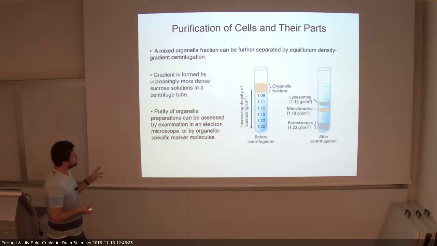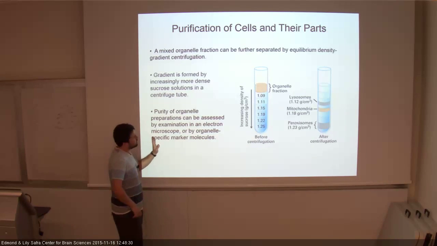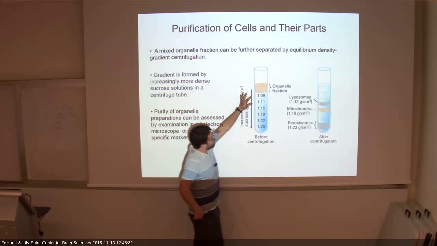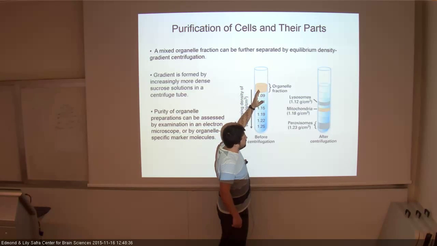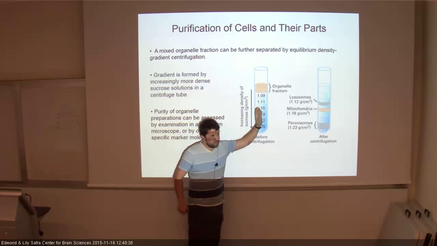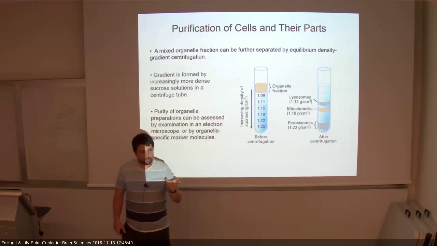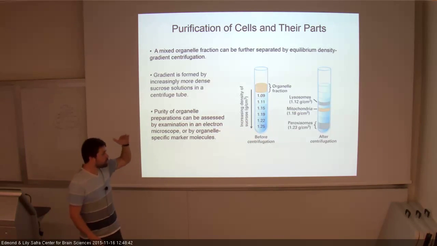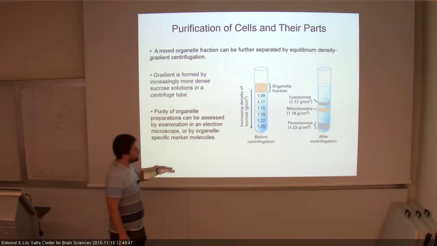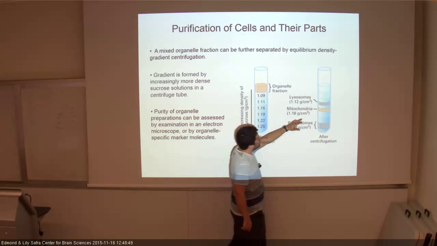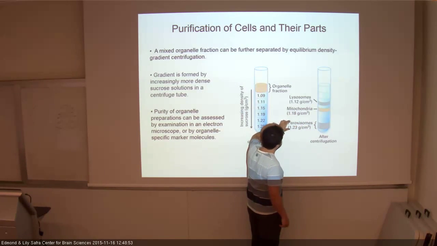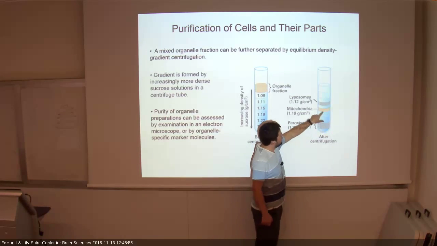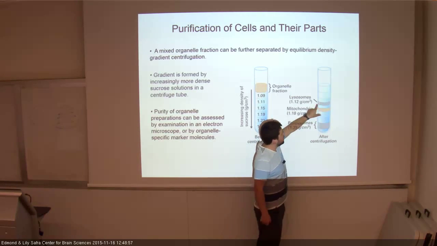Okay, so I'll repeat it. What you actually do here is that you take the organelle fraction, or what you want to isolate, then you apply, normally, a huge force, like 200,000 G or something like that, because you want all the particles to migrate through the density gradient, and the particles will stop according to their density. So denser particles will go lower, and less dense particles will go higher.